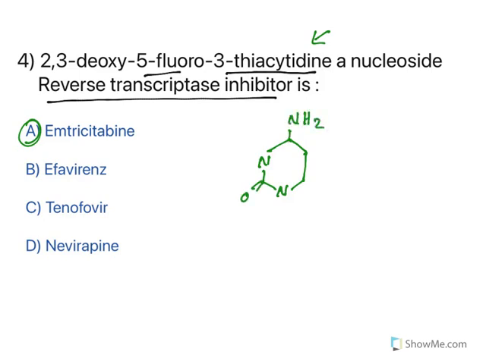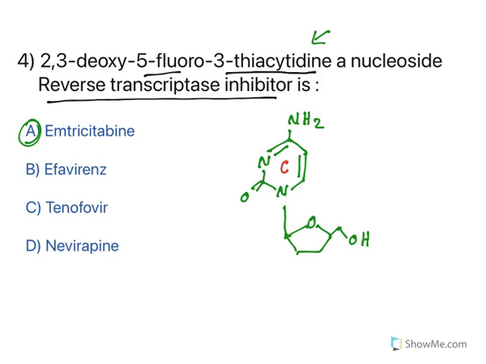This structure is cytosine. Cytidine means when cytosine is attached to the ribose sugar, it is called cytidine. So this is what the sugar molecule is.